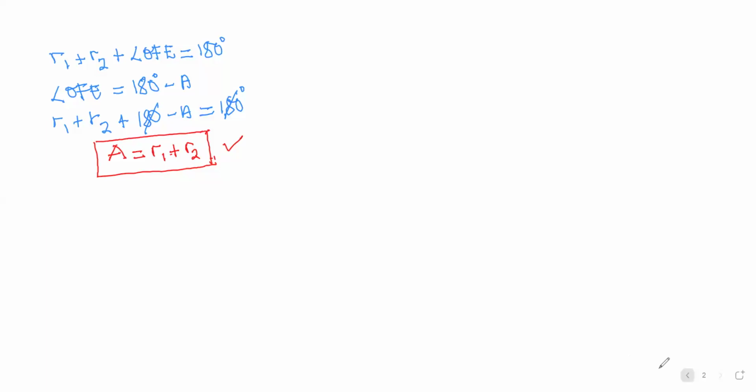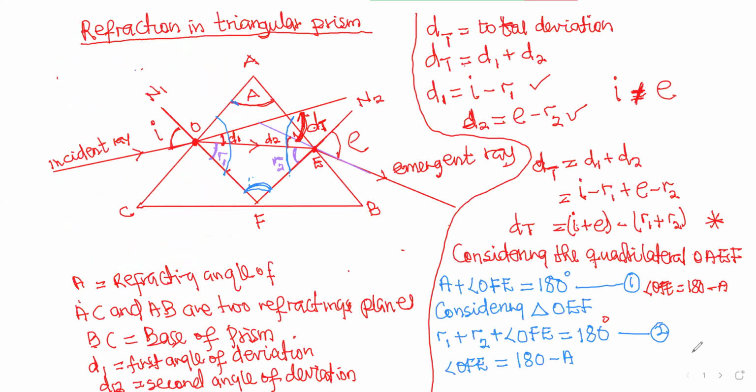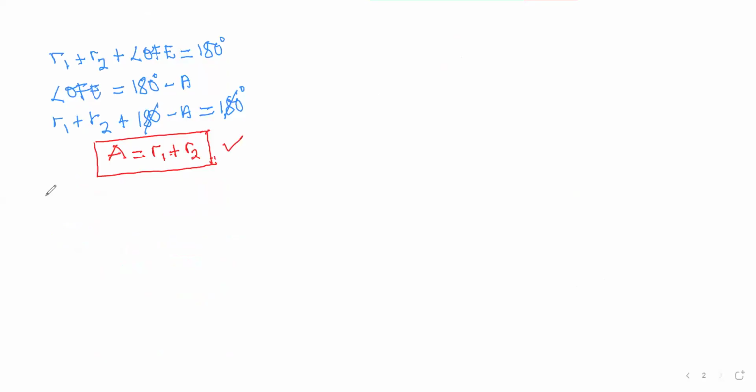All right. Then we also earlier saw an expression for the total deviation. We saw that the total deviation dt is equal to I plus E minus the bracket R1 plus R2.